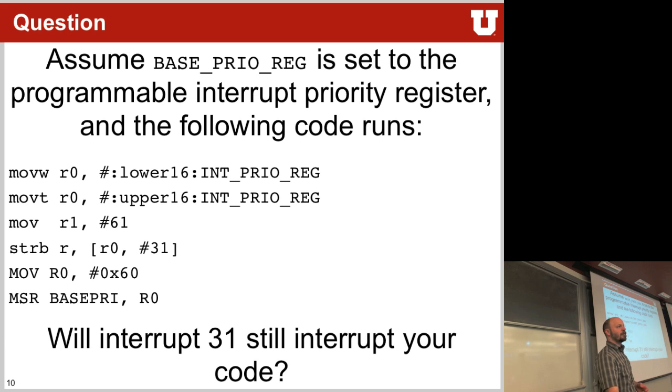Yes? Top two lines of your code, can you only move in 16 bits from a constant at a time? Is there a way to do 32 bits? How would you move a 32-bit number into a register if you only have 32 bits for an opcode? Right? That's the problem.